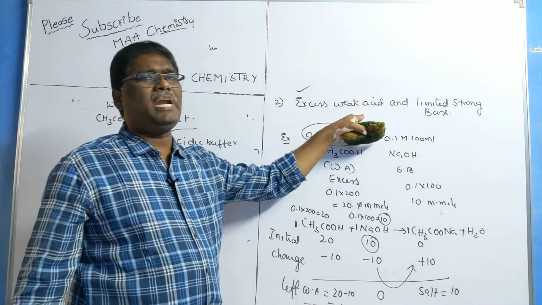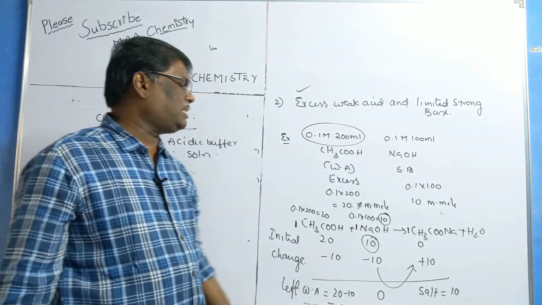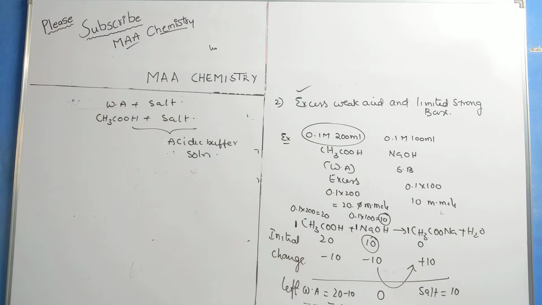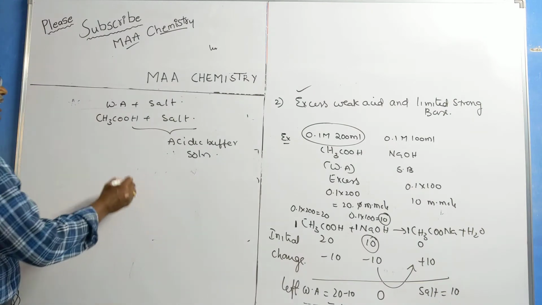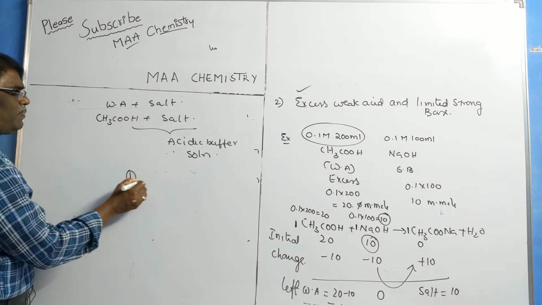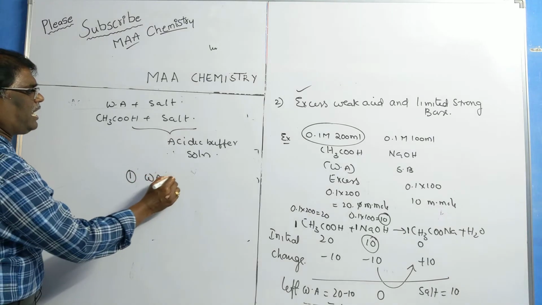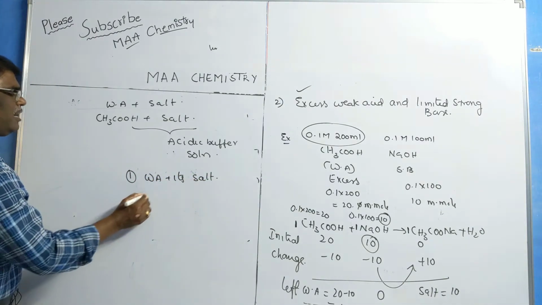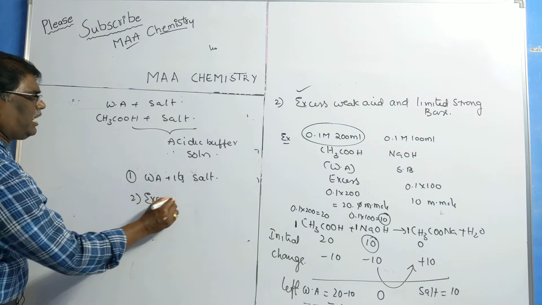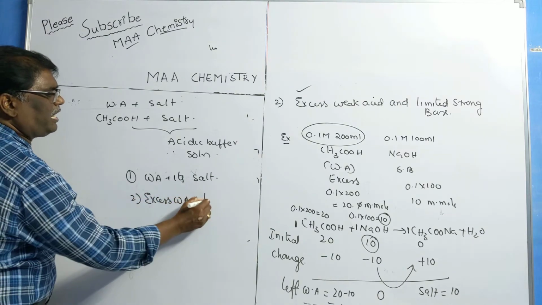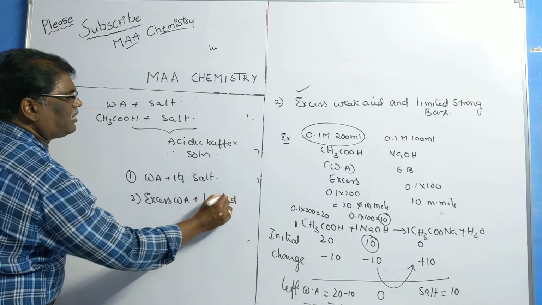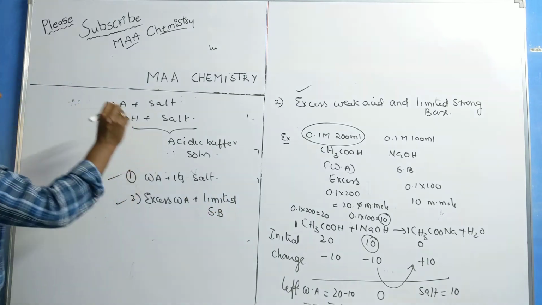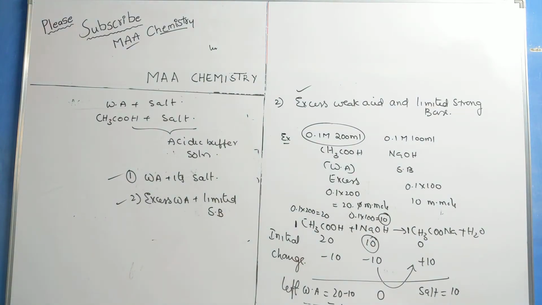Excess weak acid and limited strong base also form the acidic buffer solution. So for an acidic buffer solution, one example is a weak acid and its salt solution. Another example is excess weak acid and limited strong base, which also forms the acidic buffer solution.